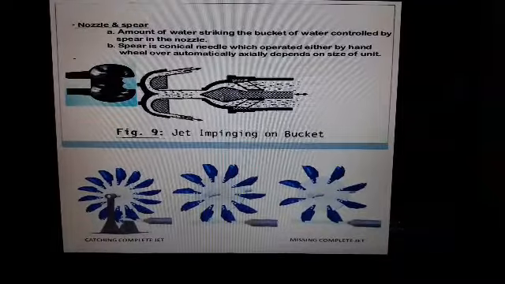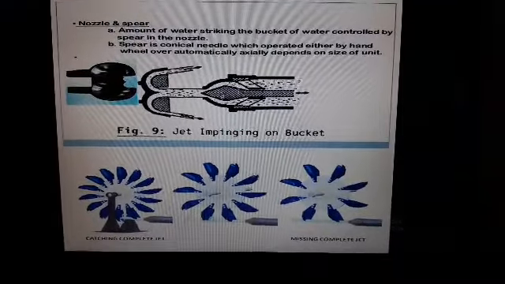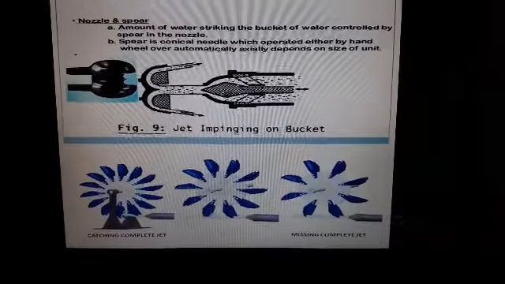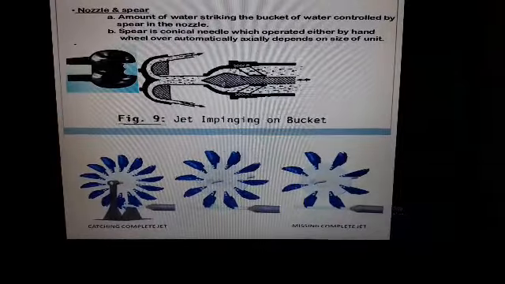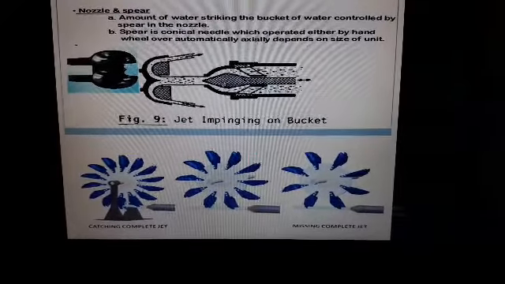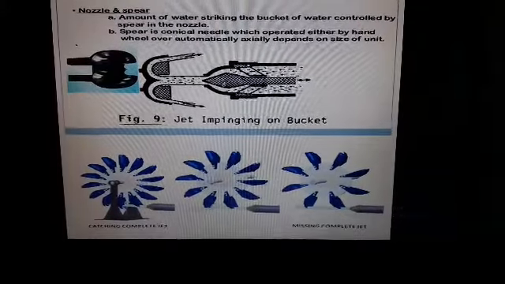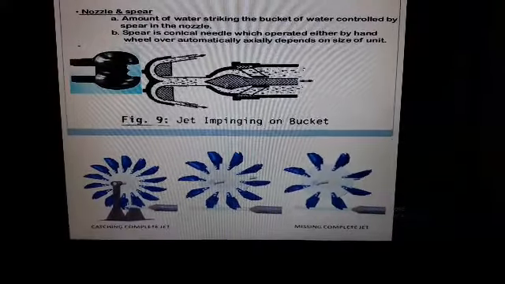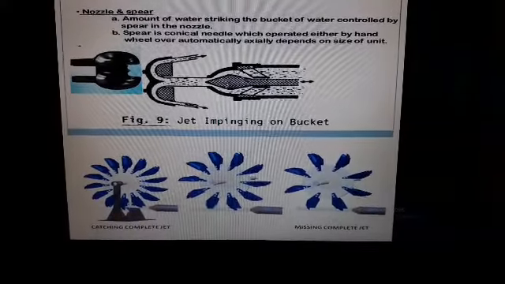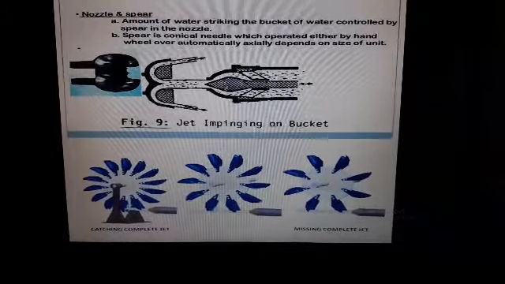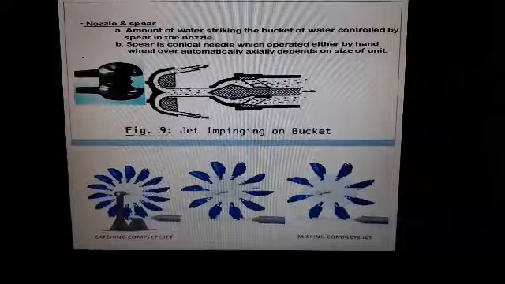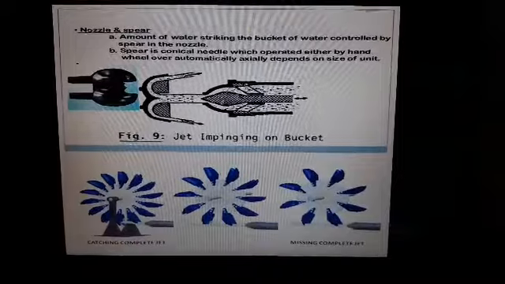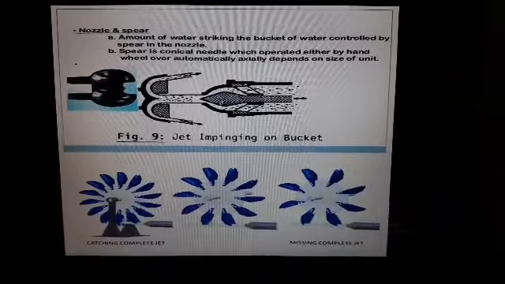As we previously discussed, whenever water is leaving the nozzle, the bucket should be in front of the nozzle so that it can exert the required force. If it is not in front of the nozzle, then the jet will be completely missed and a lot of energy will be wasted. We will not obtain the required efficiency from the turbine.